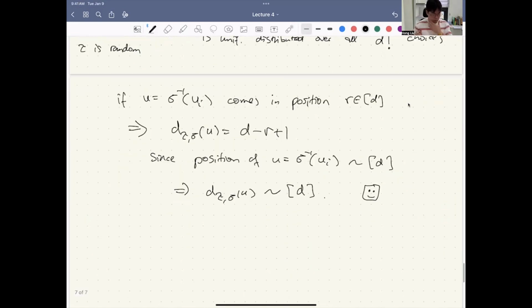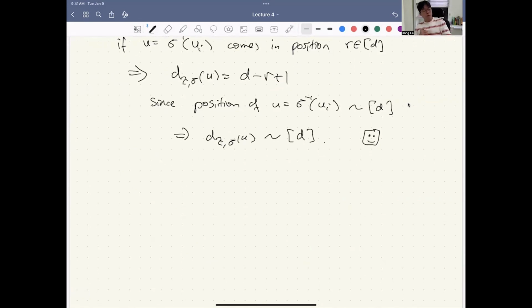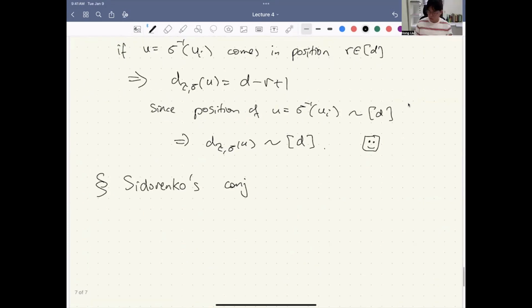Okay, if there's no question, we're going to move on to a different set of applications about graph homomorphisms. So let's first recall. Okay, I have a question. Can I ask a question? Yes.